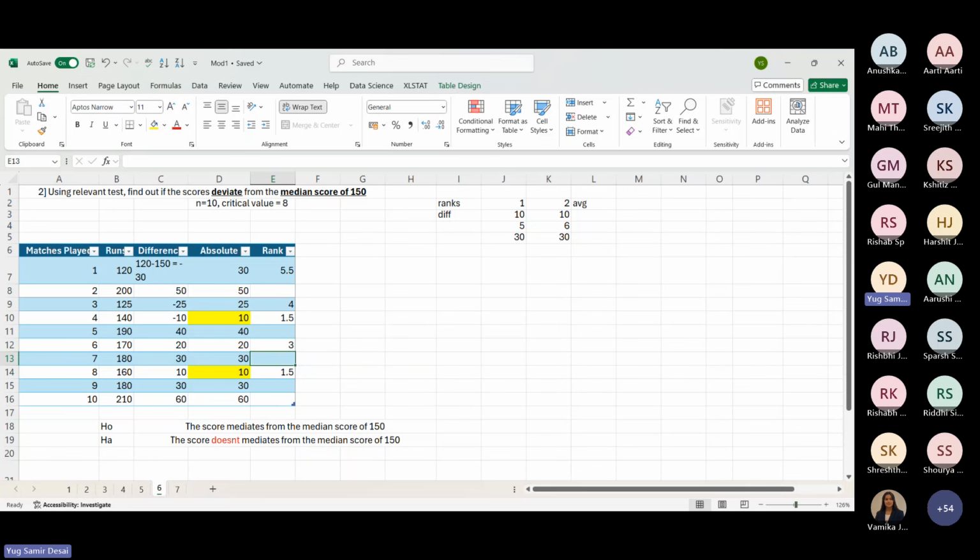So again for 30, we have the fifth, sixth and seventh ranks tied, as there are three equal values. Hence, we give them the average rank and exhaust all of these ranks.